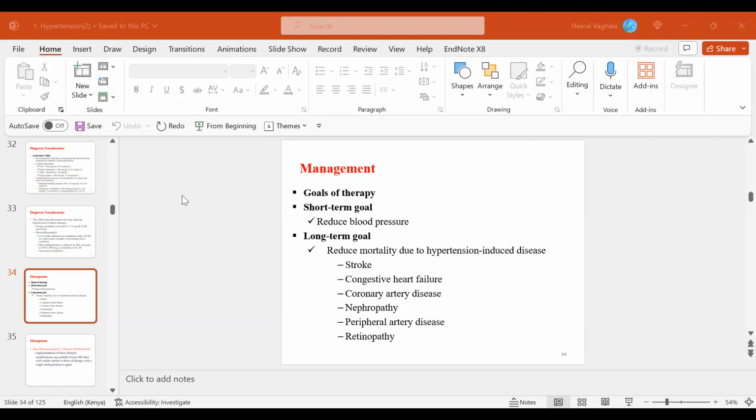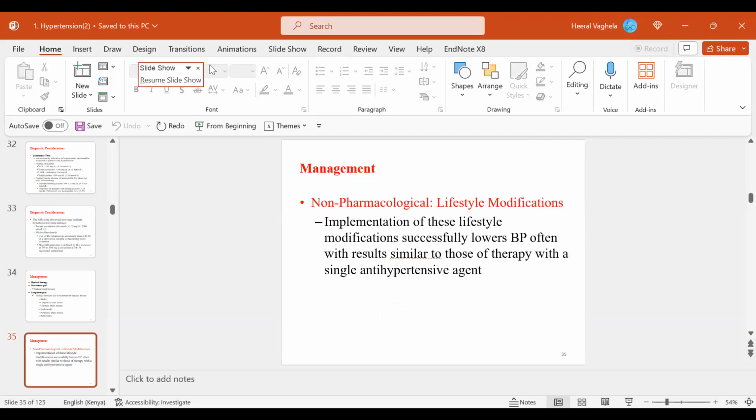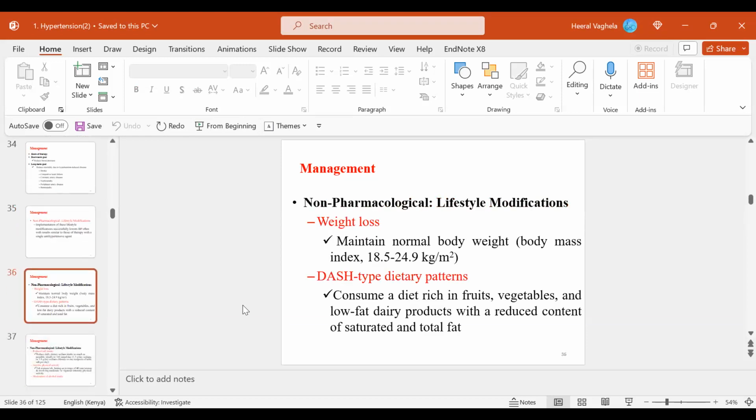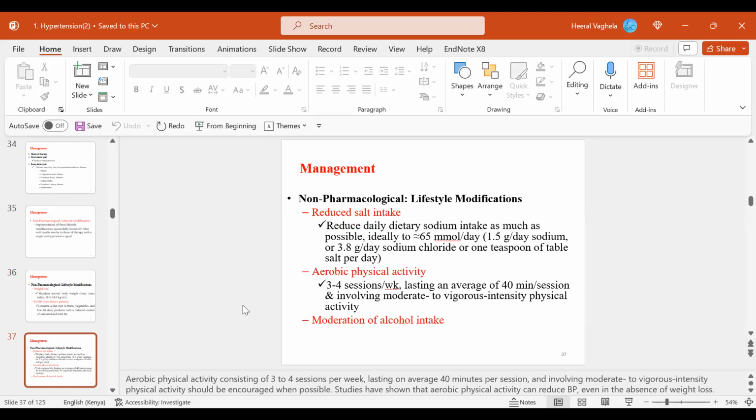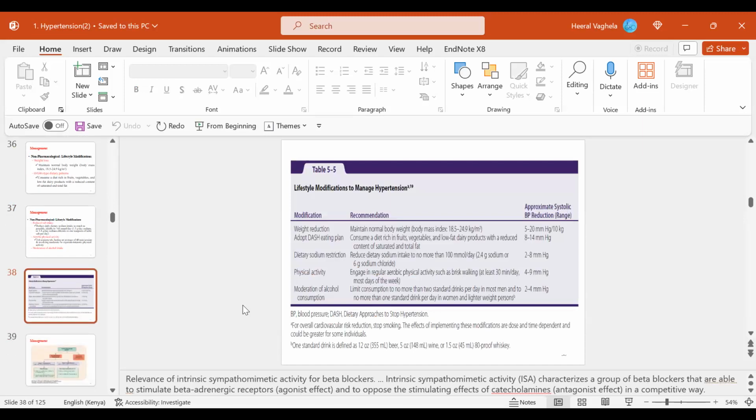So the non-pharmacological or lifestyle modifications, of course, are weight loss, the DASH diet, which was talked about, reduced salt intake, physical activity, and moderation in alcohol intake.